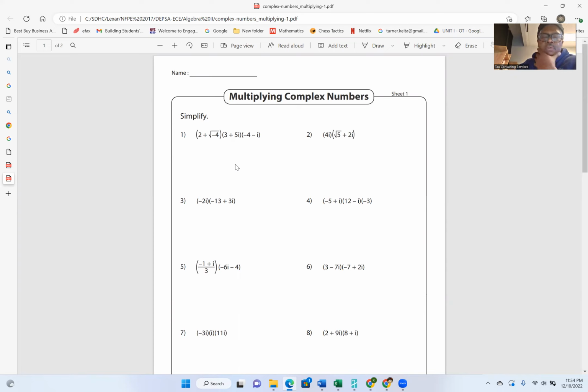Well, not really binomials, multiply numbers using distribution. We really don't know that. I'm not getting a sense we know that, so we may have to go back to that too. We missed a lot of school, some things we may have to go back to. But let's go to the next sheet.